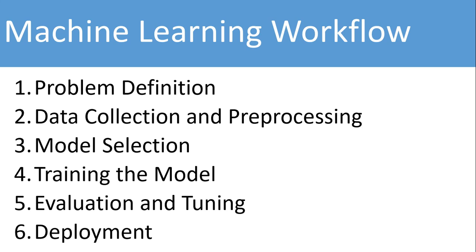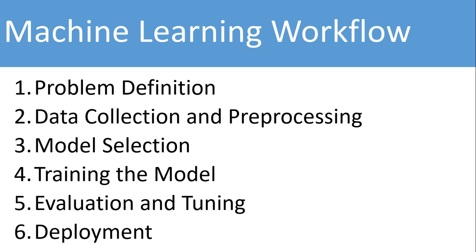Using machine learning, we deal with more than one problem in society. First, problem definition. Second, data collection and pre-processing, which is the way of gathering information from somewhere around the world, depending on your forecasted problem.